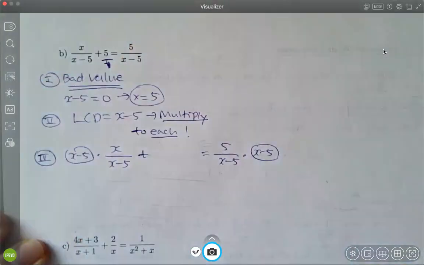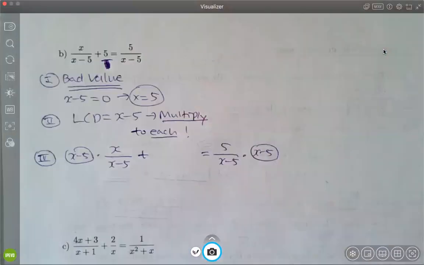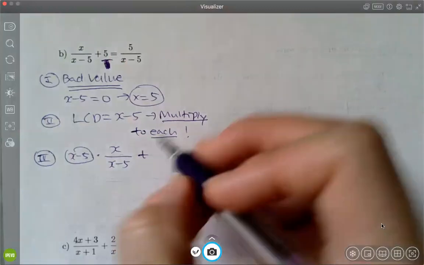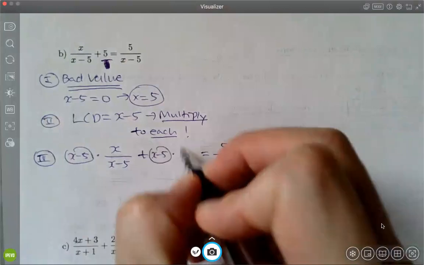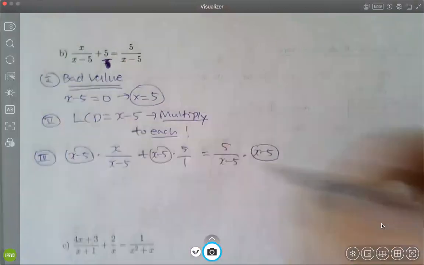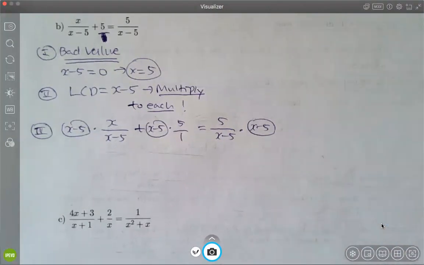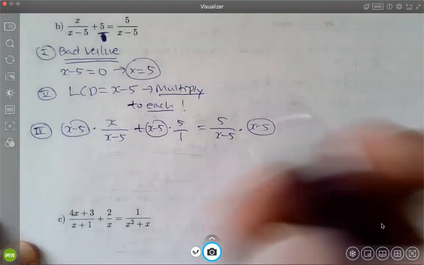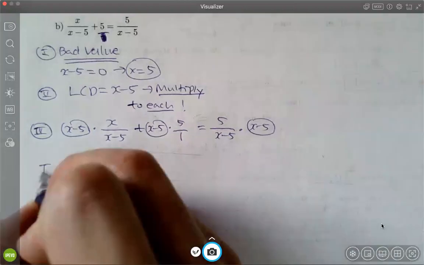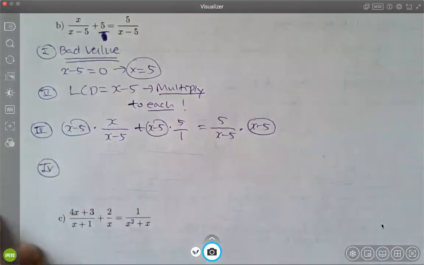You shouldn't forget that you need to multiply x minus 5 to everything, okay? So that means x minus 5 times 5 over 1, or just 5 if you want. So either remember to multiply x minus 5 to each term, or just convert everything into a fraction and then multiply it, okay? So now, let's simplify this. x minus 5 times x over x minus 5. How can you simplify that?